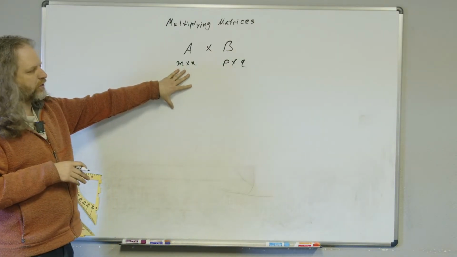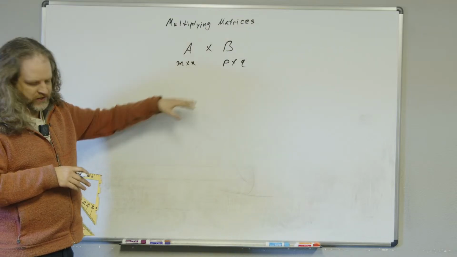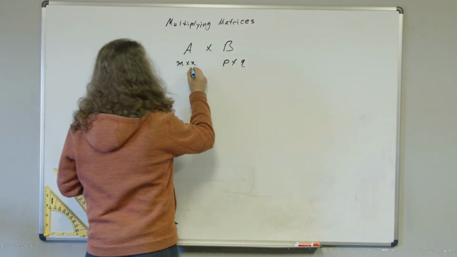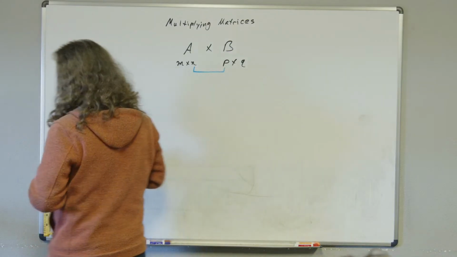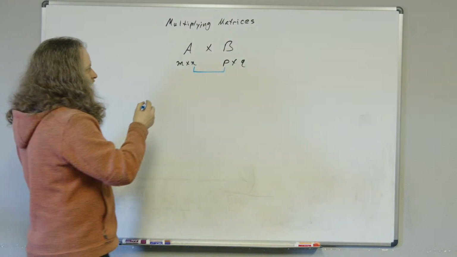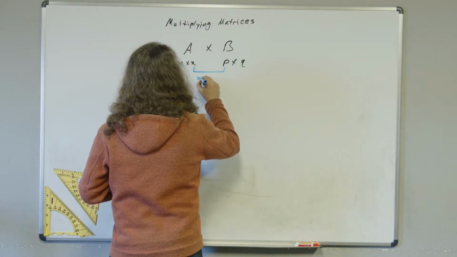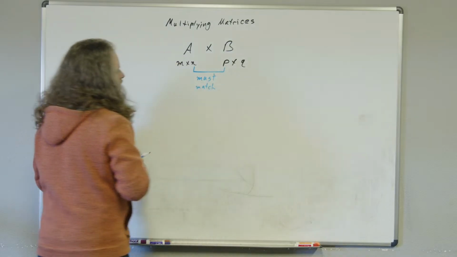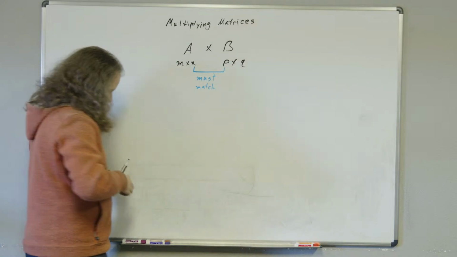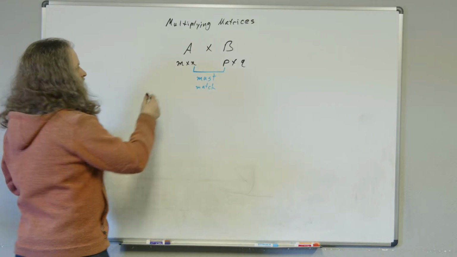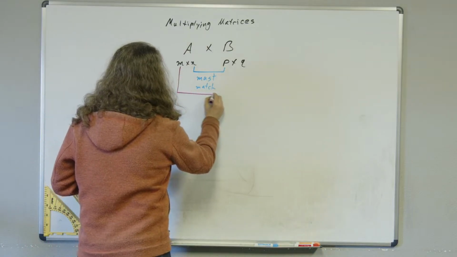So in order to multiply matrices, the inside numbers, the N and the P in this example, have to match. And the outside numbers will be the size of the result.